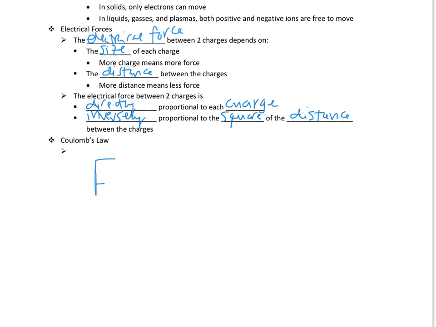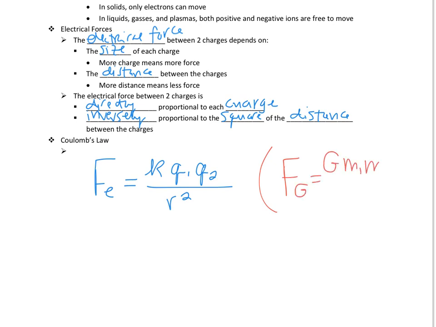And I think you're going to find this equation looks very familiar. Fe equals K Q1 Q2 over R squared. I'm going to put a side note in parentheses why I think this looks familiar. Remember, F big G equals G M1 M2 over R squared. That was the force of gravitational attraction, the force between two things that have mass. The electric force is the force between two things that have charge.